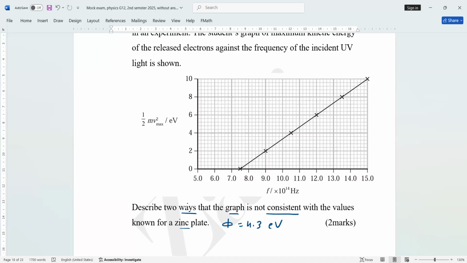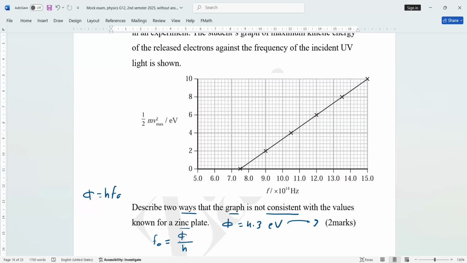It's 4.3 electron volts. From this work function, we can calculate f naught. We know that phi equals h f naught, but we convert it to joules, and we calculate f naught. So f naught equals phi over h.